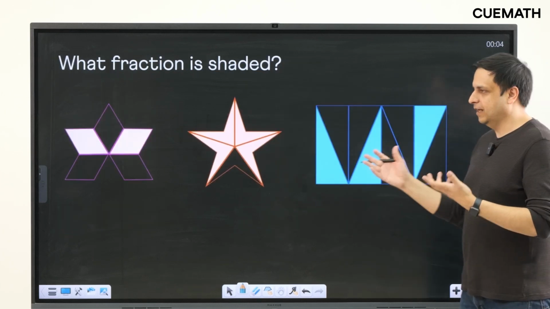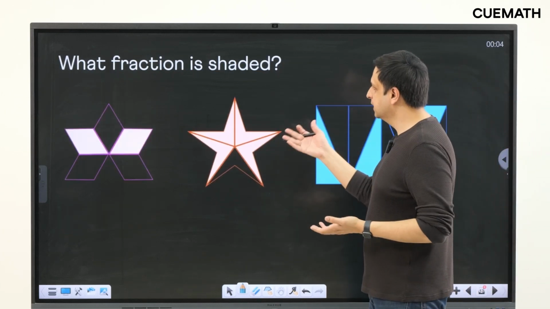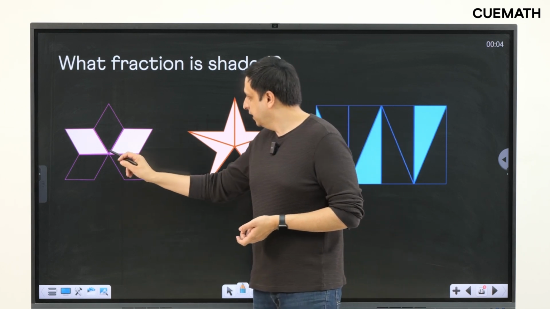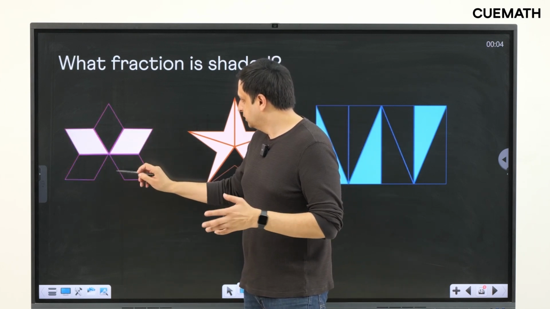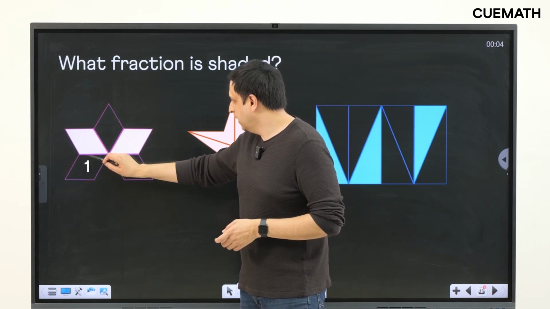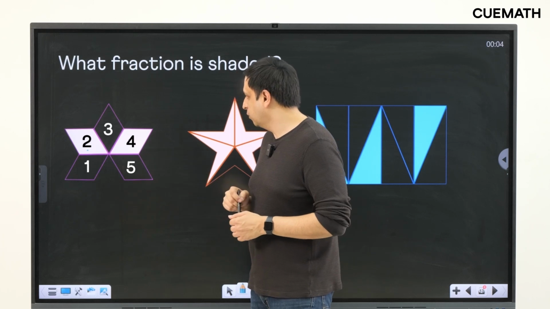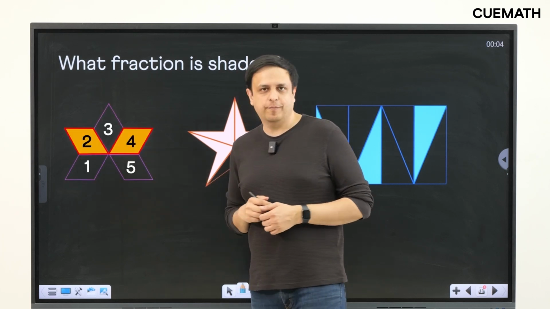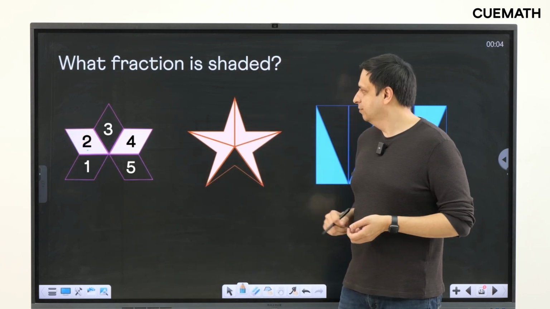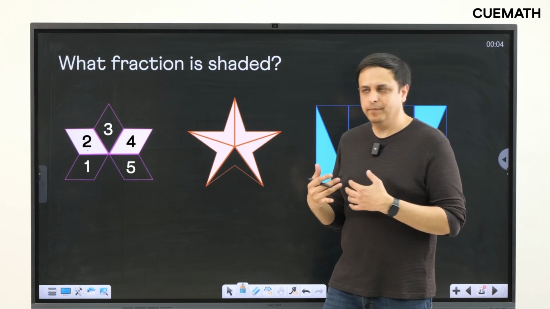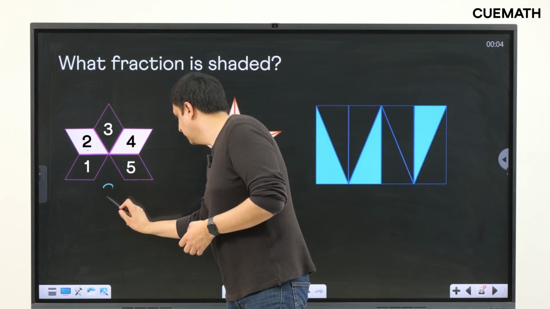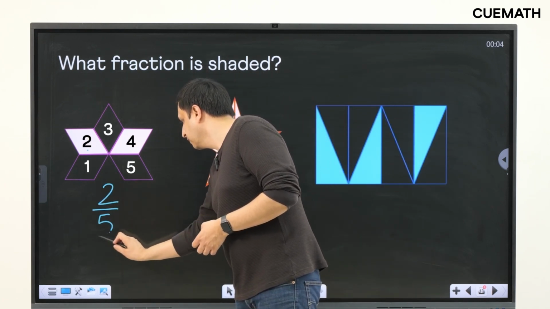Alright, now our last question, what fraction is shaded in each case? Here we have this star shaped thing that has been divided into 1, 2, 3, 4, 5 equal parts. 2 of those 5 parts are shaded. So, 2 will be the numerator, 5 will be the denominator, and this will be the fraction 2 over 5.